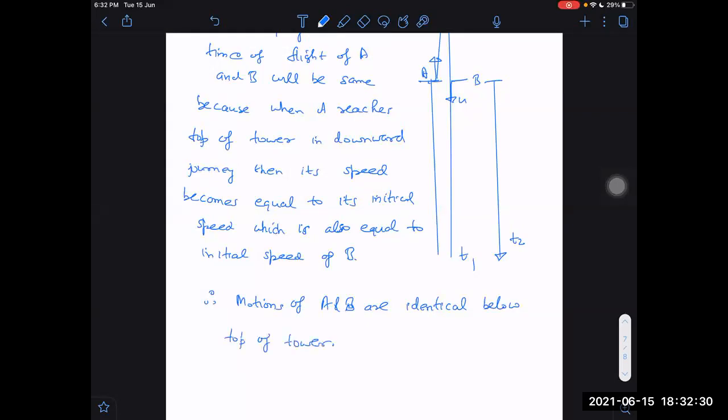Right or not? Motions are identical below the top of the tower.